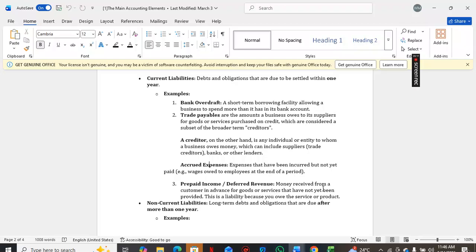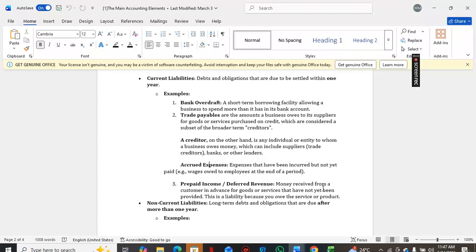Then also prepaid income, where someone pays you in advance. You haven't completed the service, they have paid you in advance. So that money technically isn't yours, because should anything happen, you have to give the person back their money. So on your end it becomes a liability.